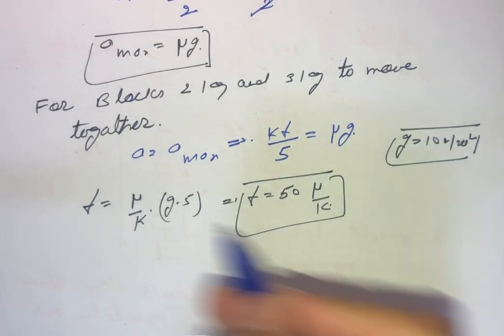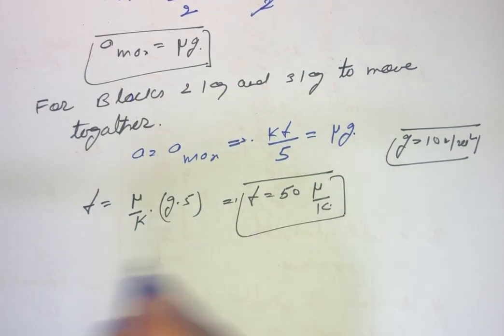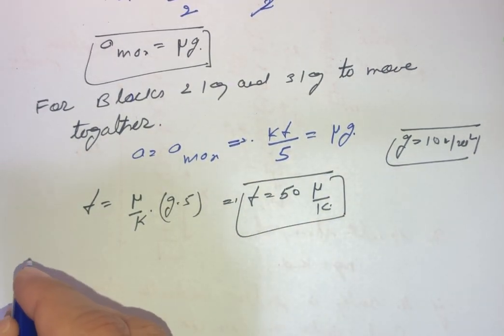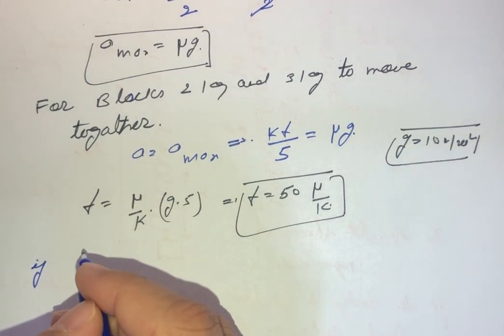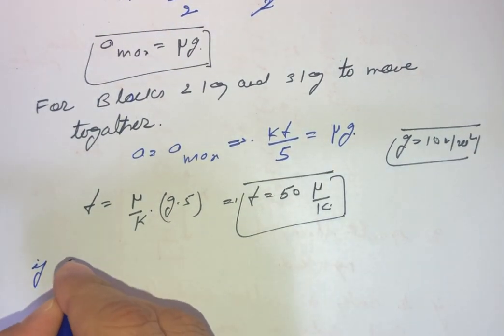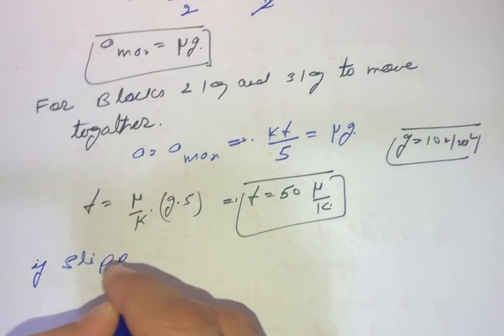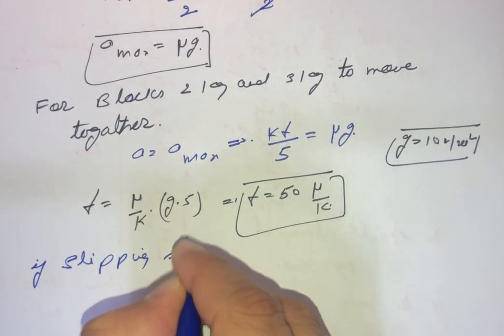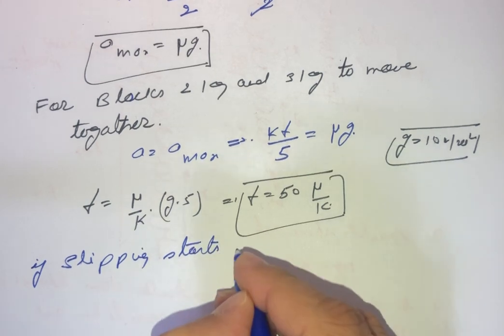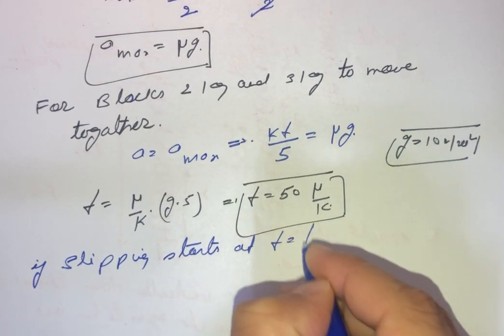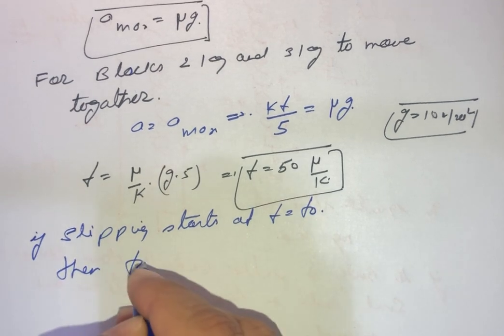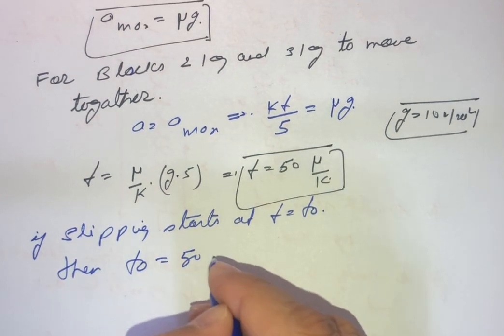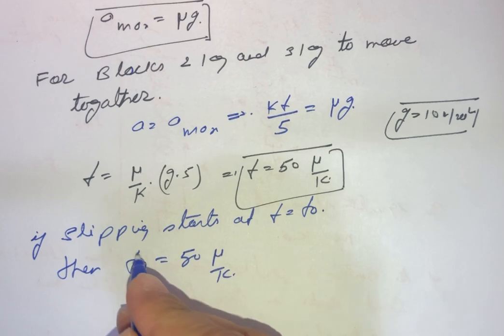So if slipping starts at t equal to t naught, then t naught is equal to 50 mu upon k.